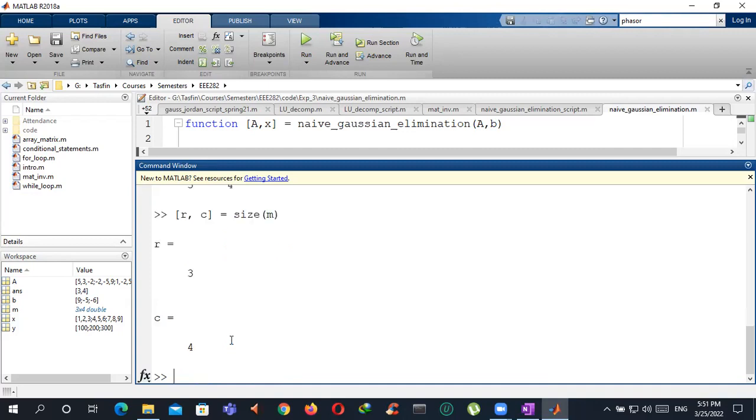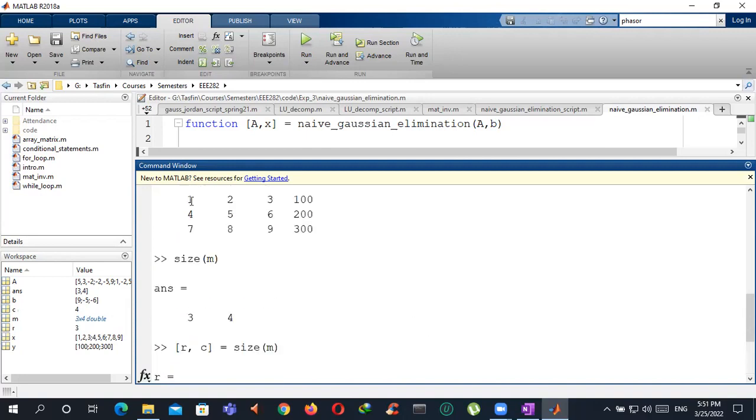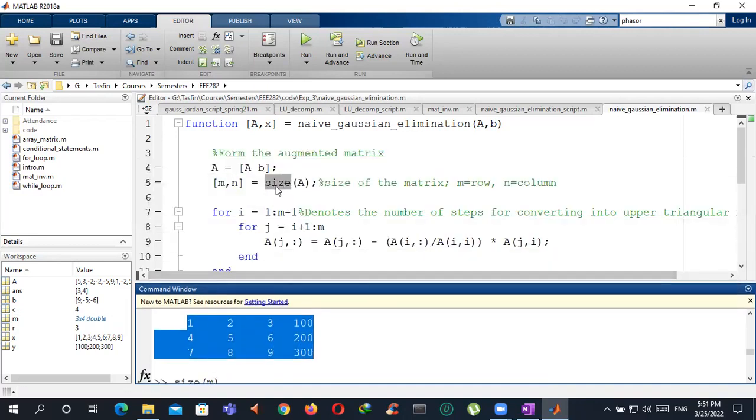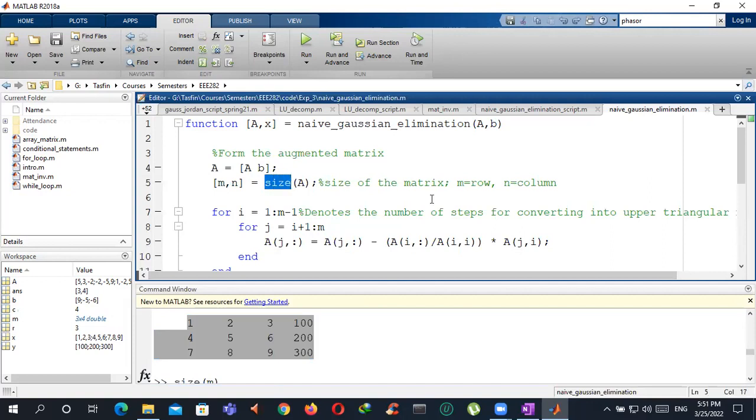If I hit enter, we can see R is 3 and C is 4. That's what we are expecting. So this size function helps us determine the number of rows and columns of any matrix. Here we are assigning the number of rows in the M variable. M is calculating how many rows there are, and N is calculating how many columns there are.